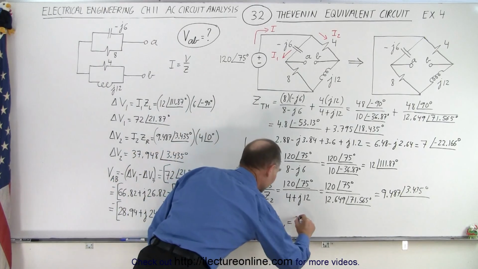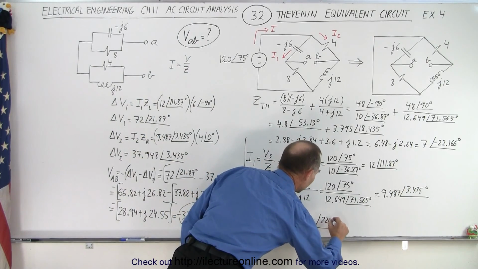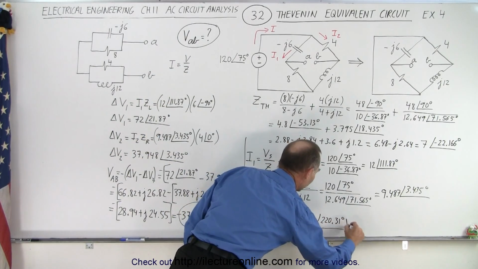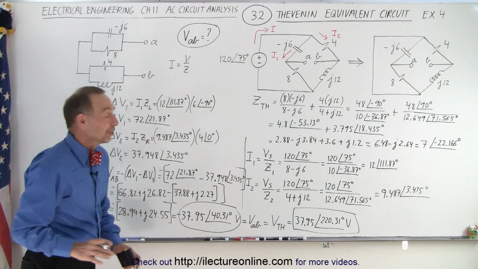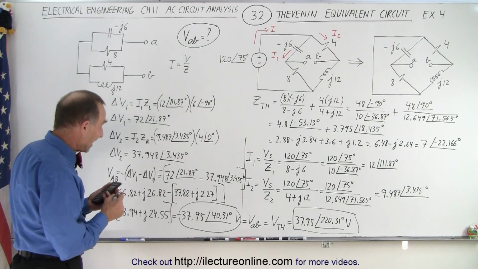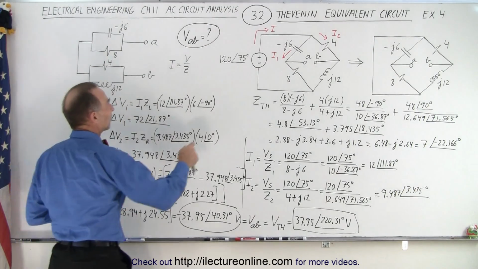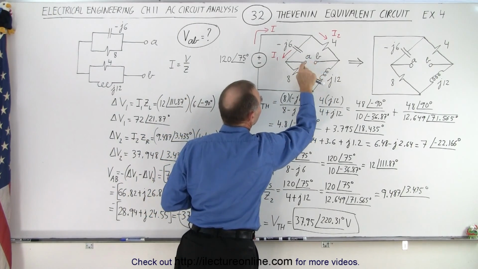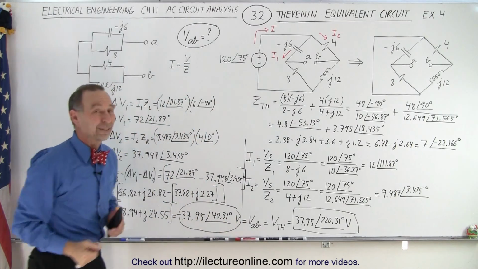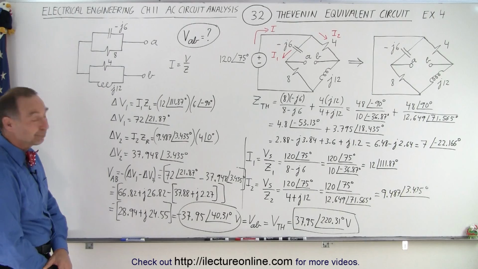So this is equal to 37.95 with a phase angle of, at 180, that would be 220.31 degrees. And that would be technically the correct voltage. Yeah, I was thinking about that initially, and I did get myself into trouble realizing now that we have a bigger voltage drop here. This is at a lower voltage than this. So essentially that's the negative of the result that we got when we took the difference. So technically I was off by 180 degrees, but now it's correct.